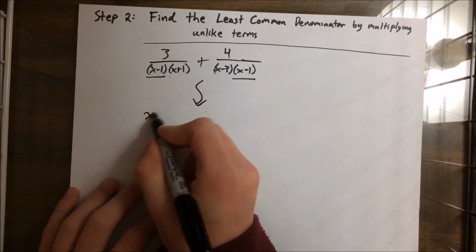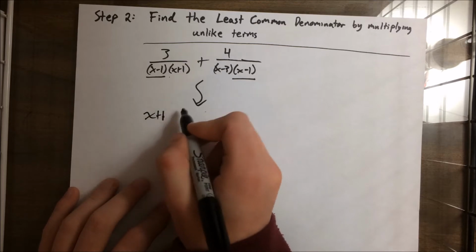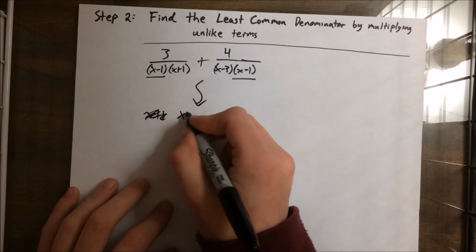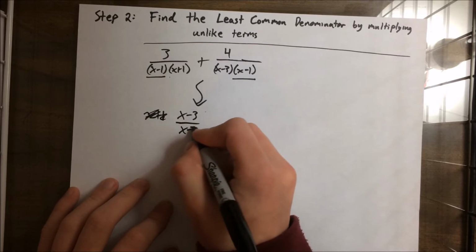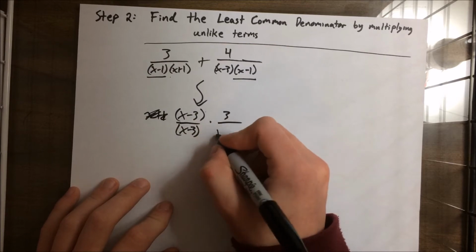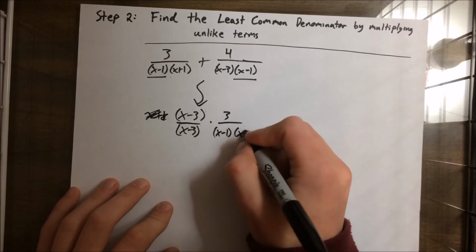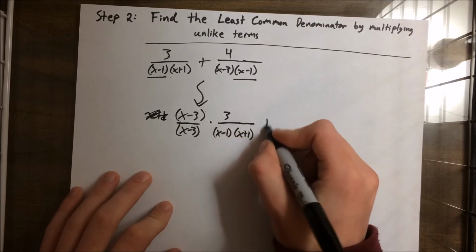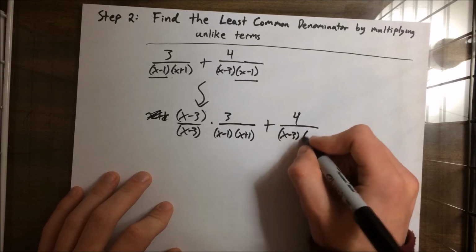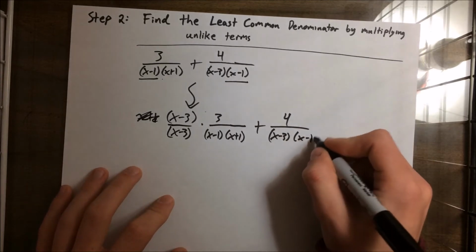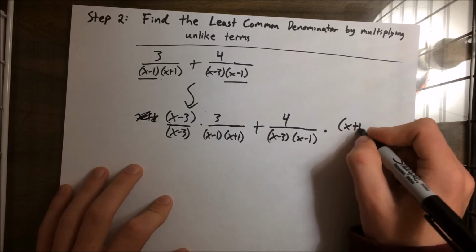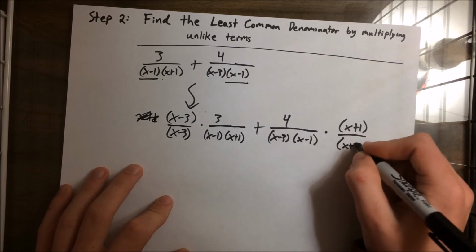So we're going to do x minus 3 over x minus 3 times 3 over x minus 1 times x plus 1, plus 4 over x minus 3 times x minus 1 times x plus 1 over x plus 1.